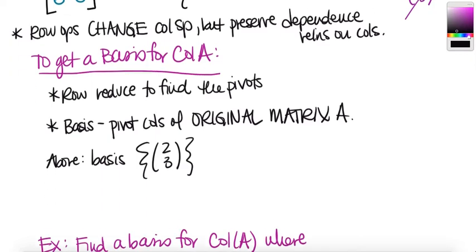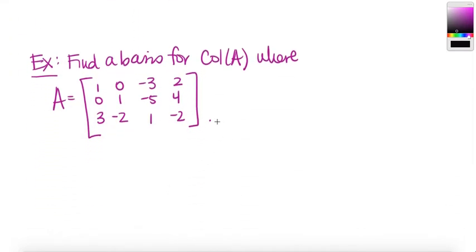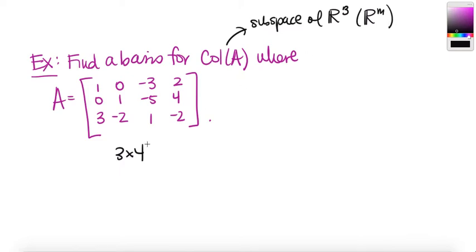All right, and let's look at one more example. We want to find a basis for the column space of A, where A is our matrix here. Remember, this is a 3 by 4, and the column space is always a subspace, right? You're adding all of these columns, these 3-component vectors, and you're going to get a 3-component vector. It's always a subspace of R^m if your matrix is an m by n matrix.